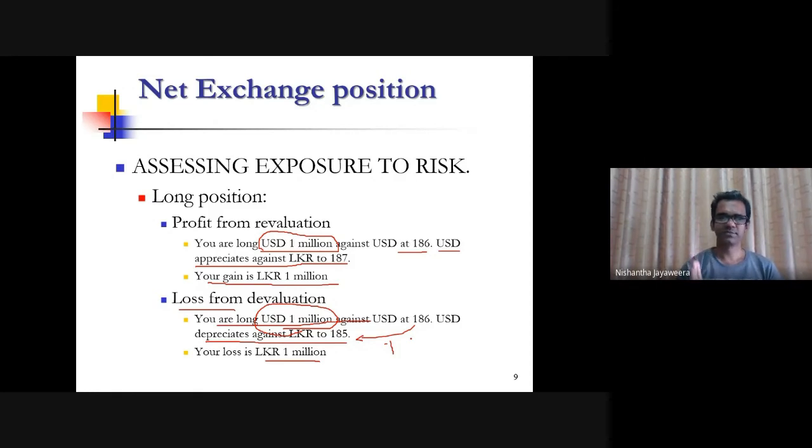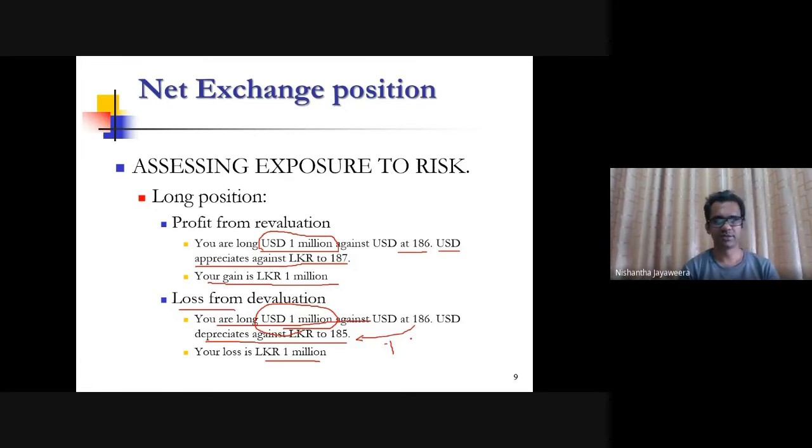So that's the basic summary that you have to remember. Long position in one currency and that currency appreciates, you make a profit. Long position in one currency and that currency depreciates, you make a loss. That profit or loss would be 1-to-1 with the exchange rate movement. A 1 unit change in the exchange rate gives you a 1 unit gain or loss.